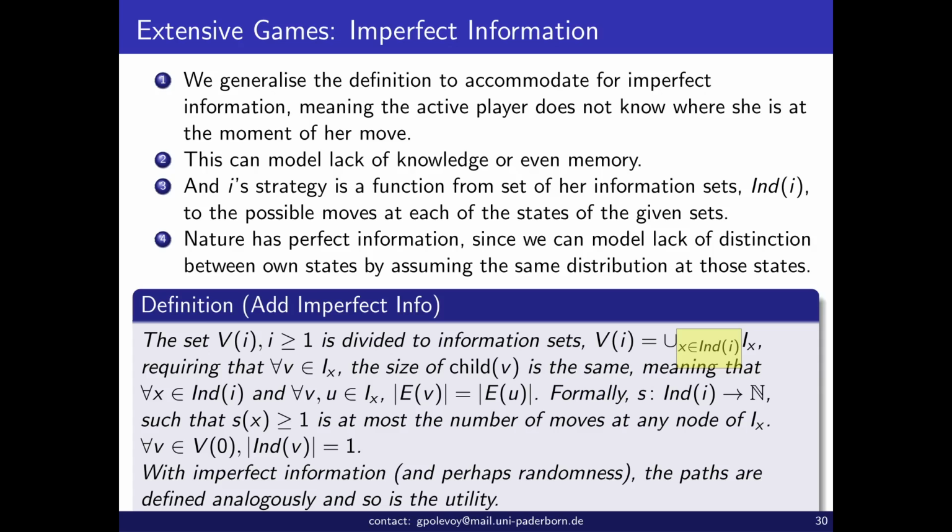For example, it can have 1, 2, 3 information sets. It can have 300 nodes, but they are divided into 3 information sets.